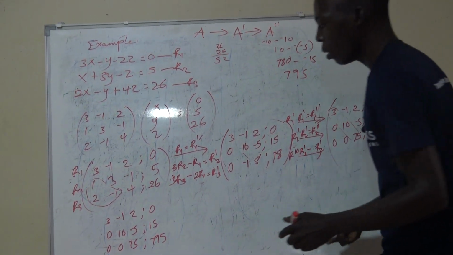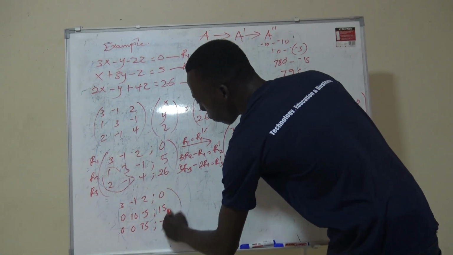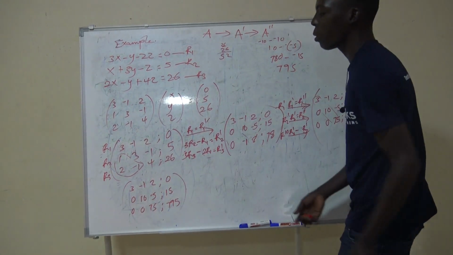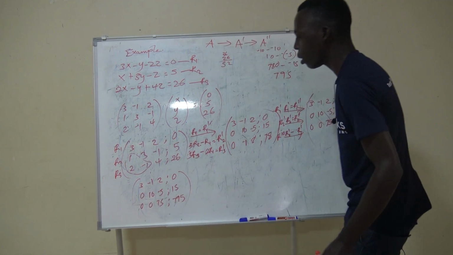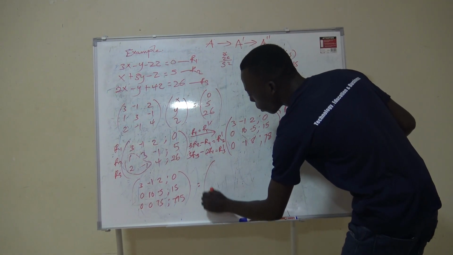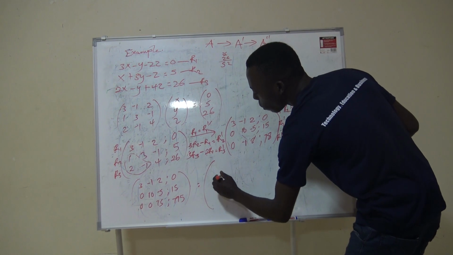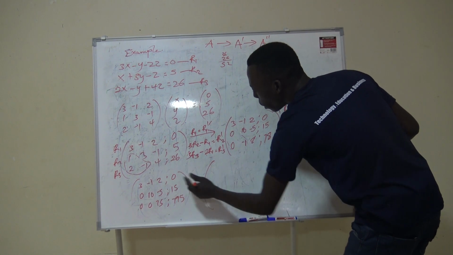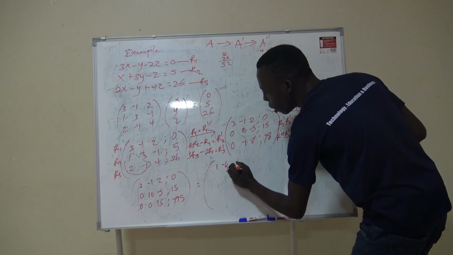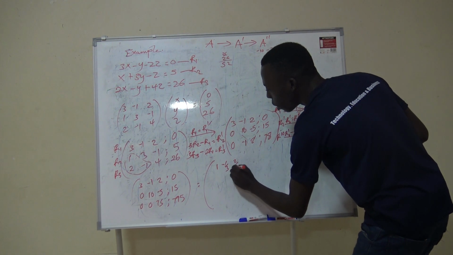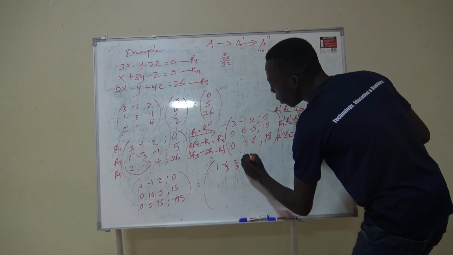Okay, so after having this one, we are dividing all through. Here divide by 3, here by 10, here by 75, according to what we have. So here when you divide by 3, you have 1, you have -1/3, here you have 2 out of 3, here you have 0.